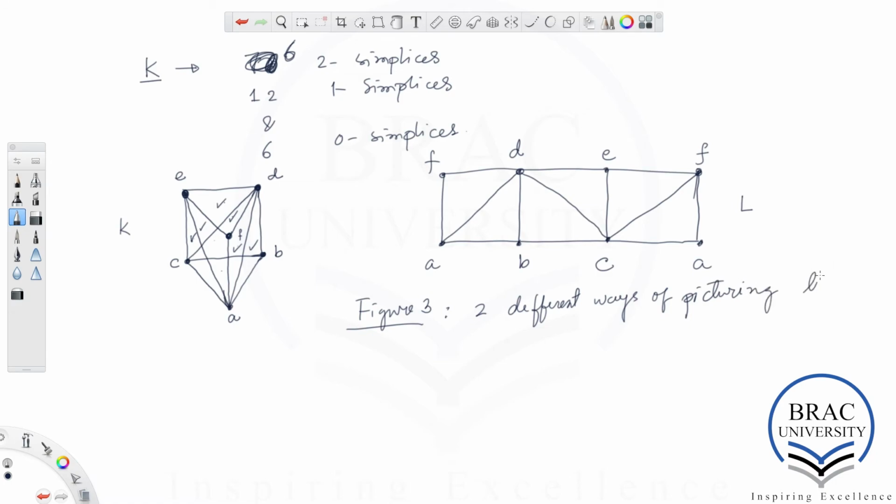What we are doing here is that this face is going to be identified with that face here to form this simplicial complex. Okay.